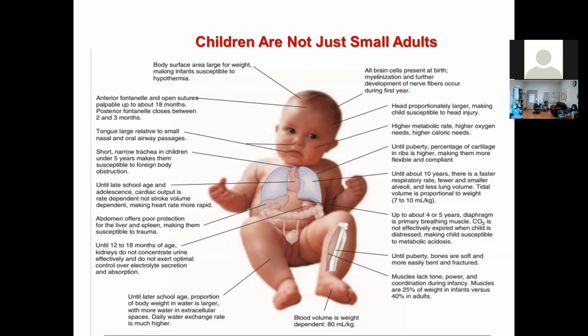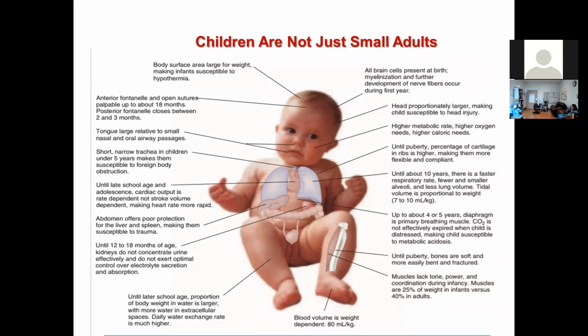CO2 is not effectively expired when the child is distressed, making the child susceptible to metabolic acidosis. Until puberty, bones are soft and more easily bent and fractured. Muscles lack tone, power, and coordination during infancy, and muscles are 25% of weight in infants versus 40% in adults.